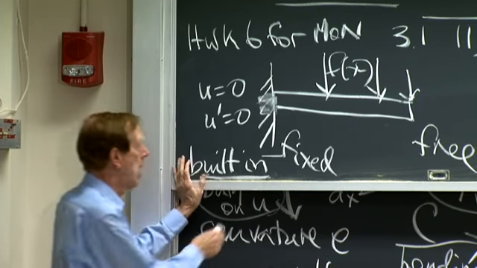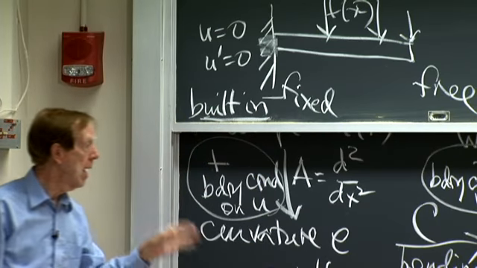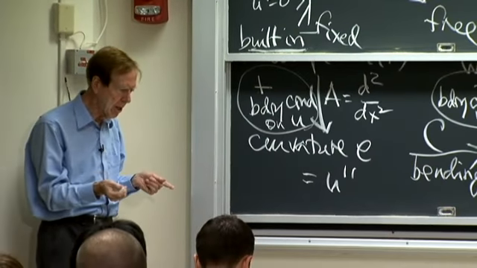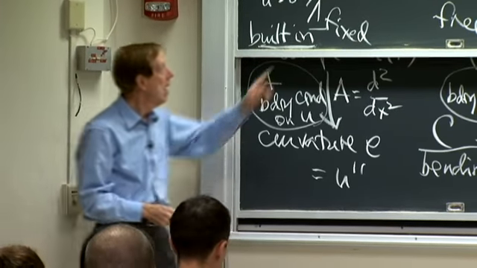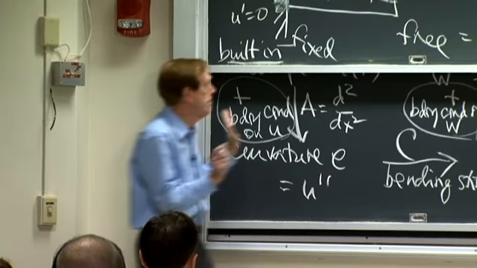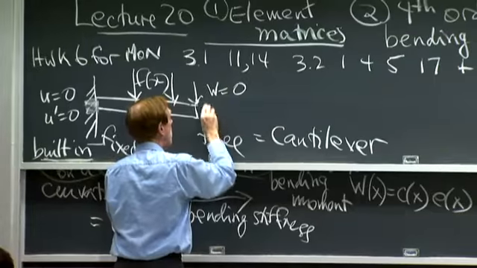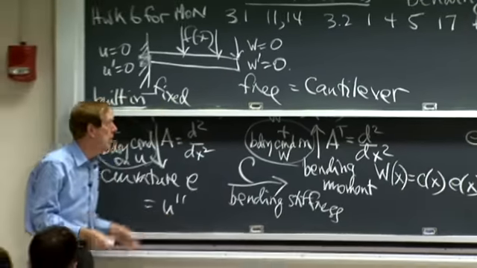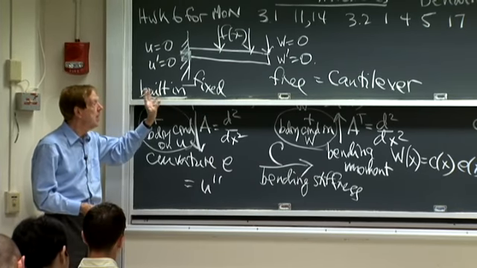Those go with A. So those are the essential conditions, the Dirichlet conditions, the ones I must impose all the way. And now at this free end, what do you think? Well, that's great. It's W equals 0, and W prime equals 0. It's just beautiful the way it all works. So that's a completely fixed-free beam.